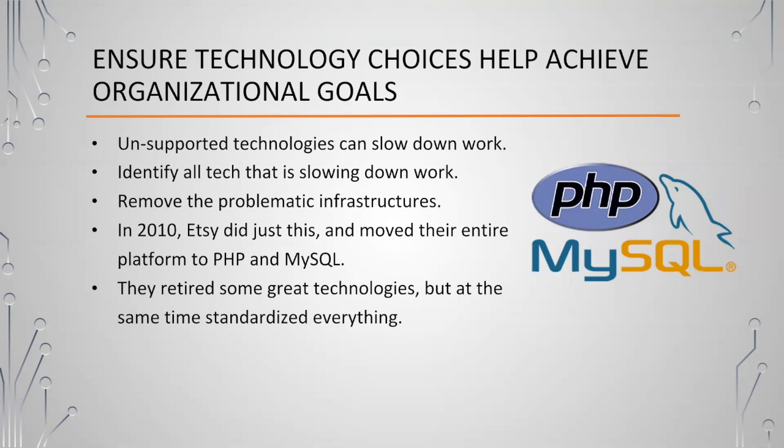Then they probably need to go. In 2010, Etsy did just this and moved their entire platform to PHP and MySQL. They retired some really great technologies, but at the same time, they standardized everything on their system. So even though they had to get rid of some great systems, they ended up making everything faster and making the workflow better.